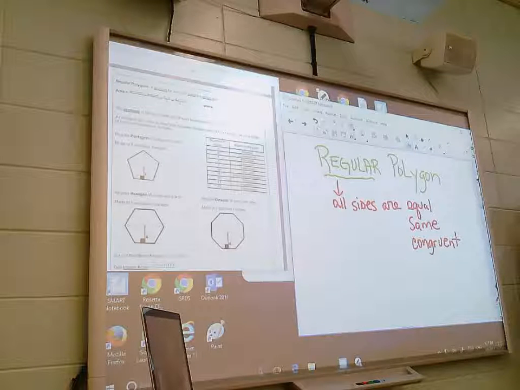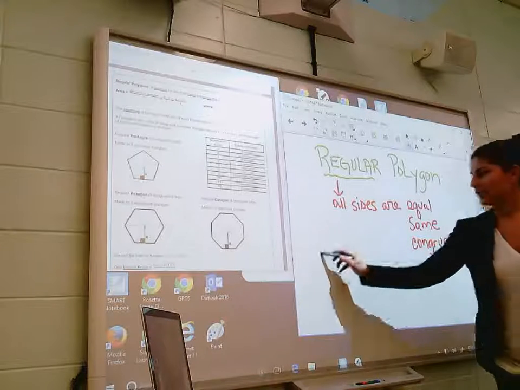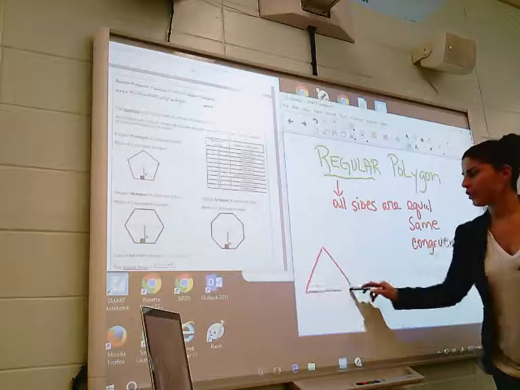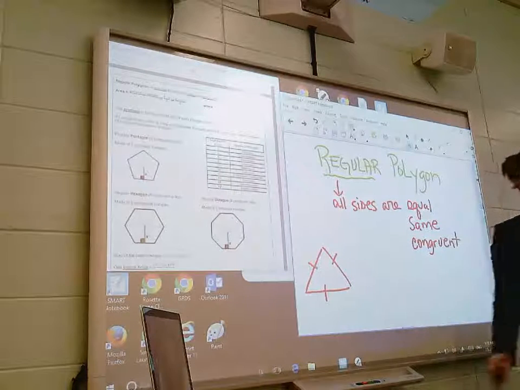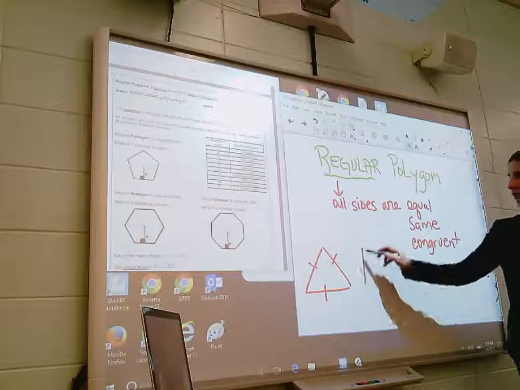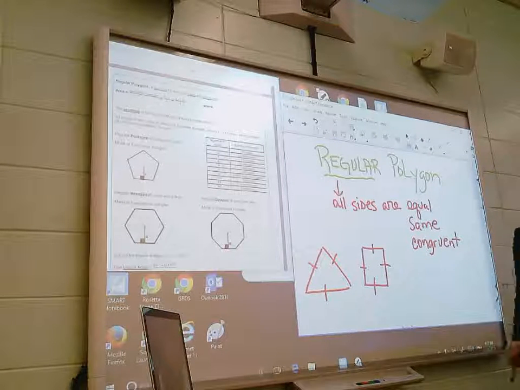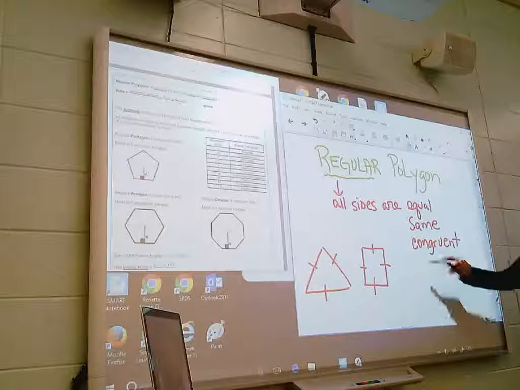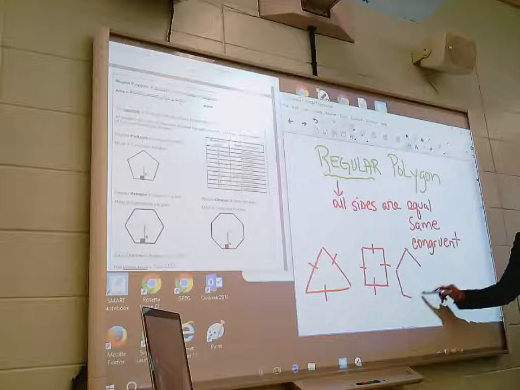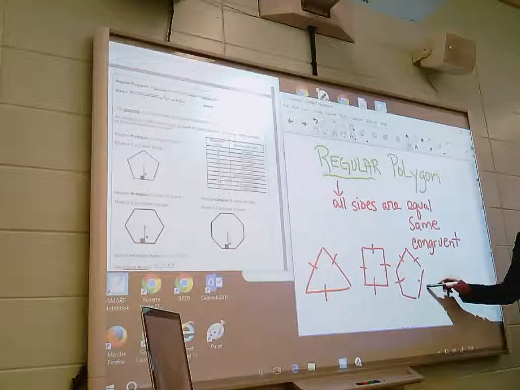And the other thing that's very important to know for a regular polygon, if I show you an equilateral triangle that all sides are equal, or if I show you a quadrilateral where the square is the only one that's a regular polygon, or I show you the pentagon with all 5 sides, that is regular.